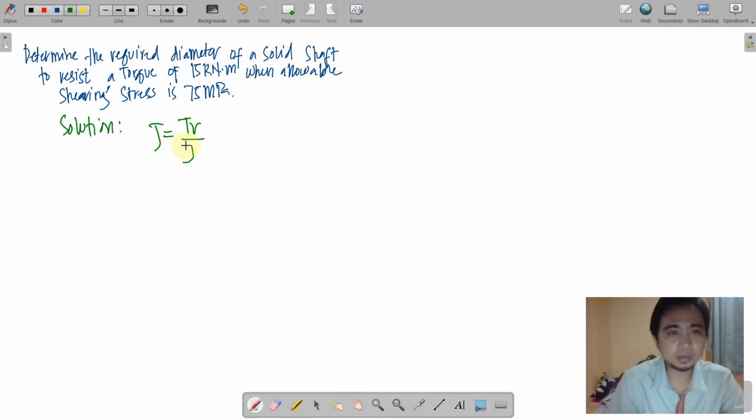Tau is equal to TR all over J. Hence, we have 75 equals 15. This is kilonewton meter, so we need to multiply 1000 to make it Newton. Here is the 1000, and another 1000 to make it in millimeter.